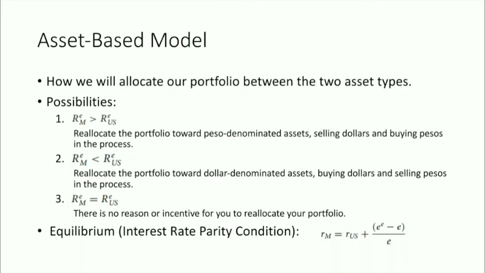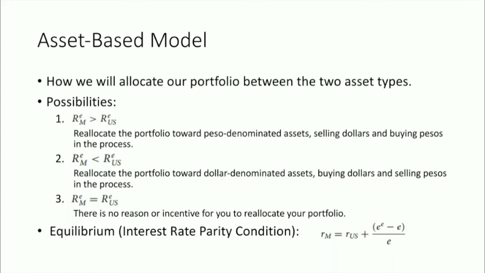So after we have the expressions for our total expected return on both peso and dollar denominated assets, now we need to think about how we will allocate our portfolio between these two types of assets. Now there are three possibilities. The first one, the total rate of return on the peso denominated assets exceeds the expected total rate of return on dollar denominated assets.